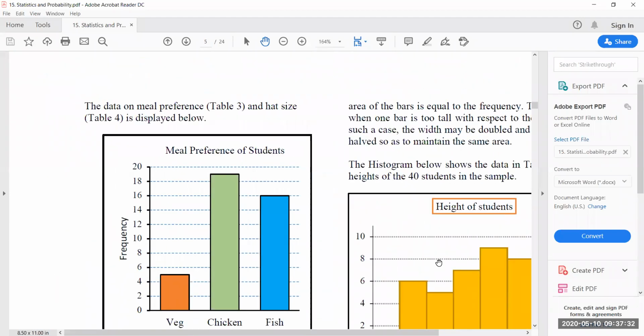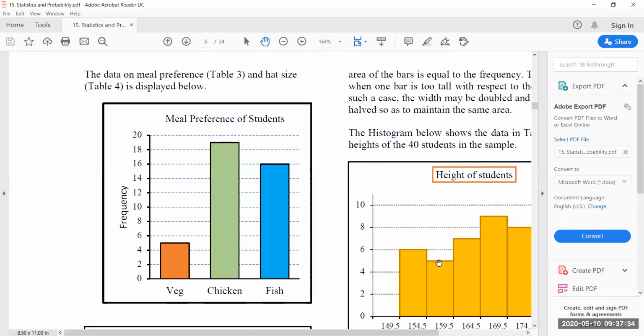So let's see here. We can use the bar chart to represent the students' meal preferences. So we have vegetarian, chicken, and fish. Of course, as you can see, the bars are the same width, and the spaces between the bars are all equal.